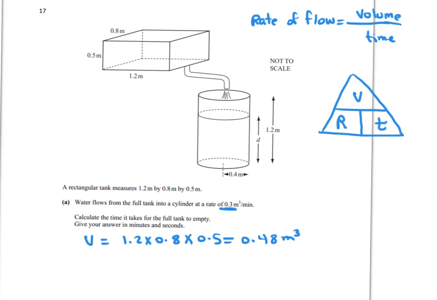So to find the time now, volume over rate, so 0.48 over the rate, which is 0.3. Now we get the time in minutes. So 0.48 divided by 0.3 equals 1.6. This 1.6 means 1.6 minutes.